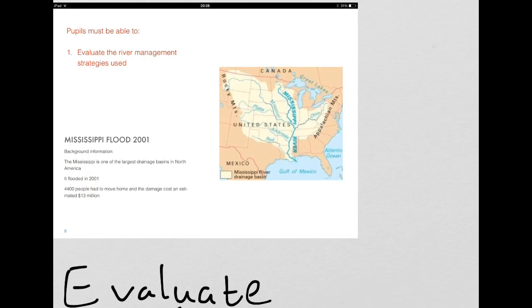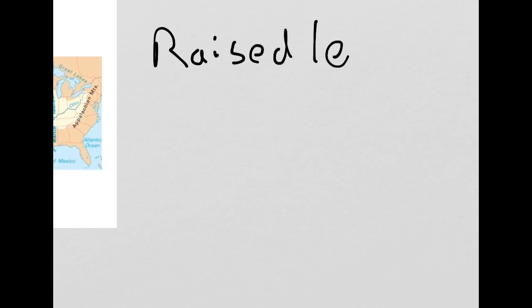In terms of the river management strategies, if you have a look at your ebook, you can see that strategy 1 relates to raised levees. Okay, so levees occur naturally on either side of the river, but what the American government did was they raised the levees by up to 15 metres for 3,000 kilometres.